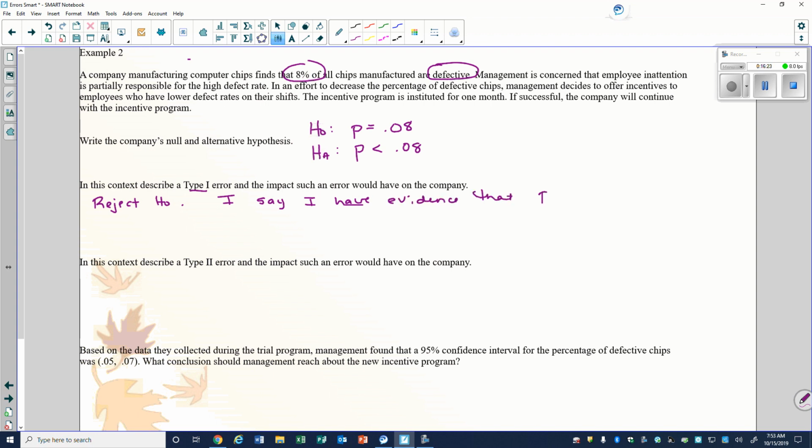that the proportion of defective chips has decreased. Okay, so the error that I could have made then when I say that is that the proportion has actually not decreased.